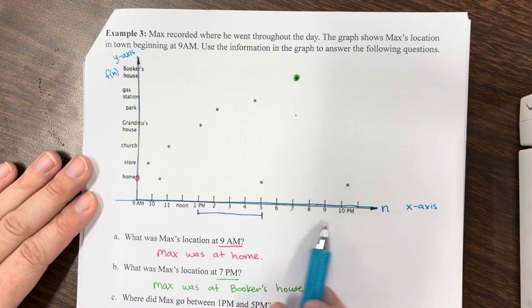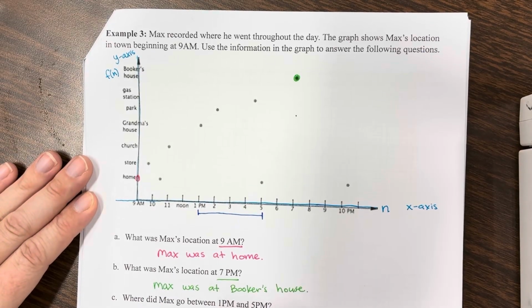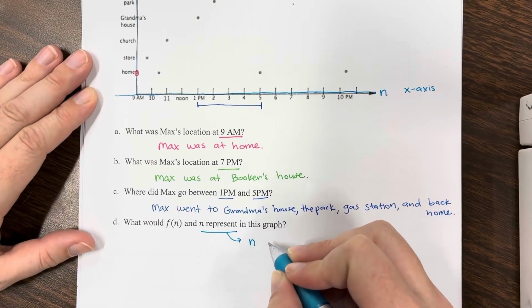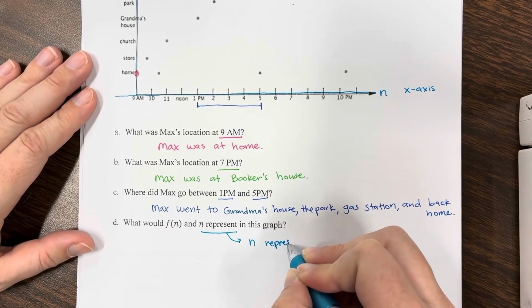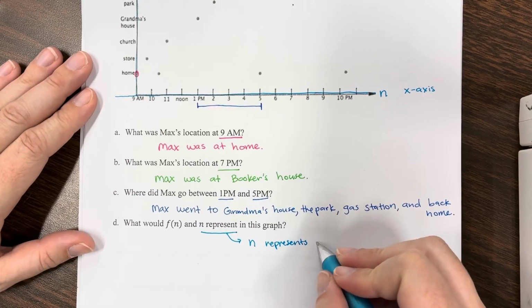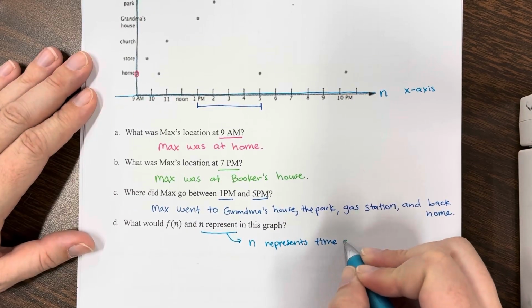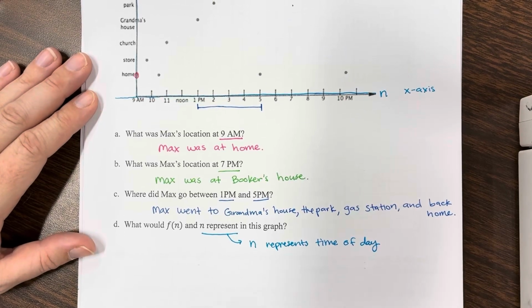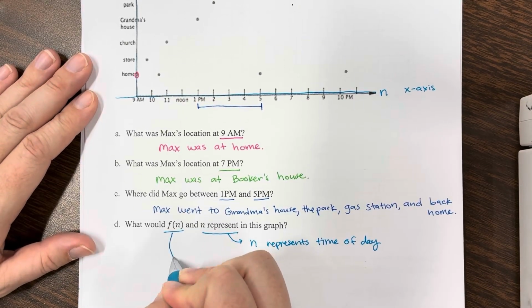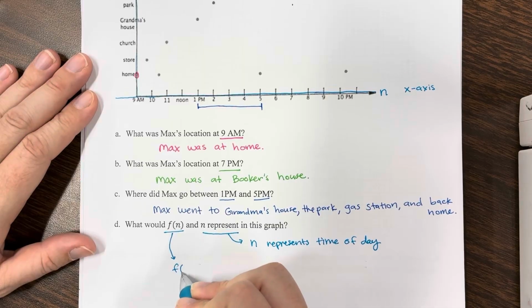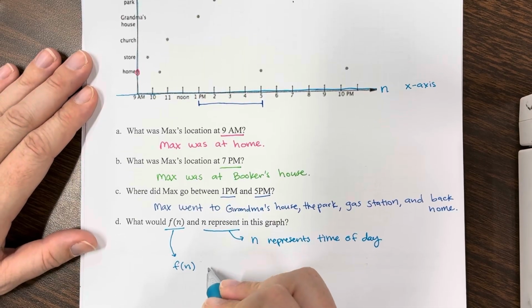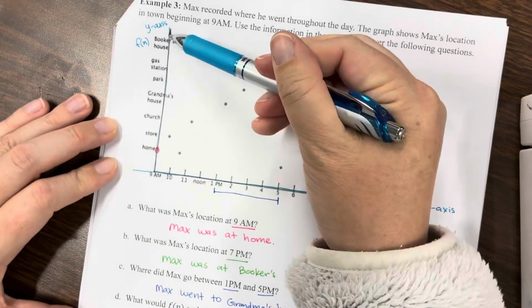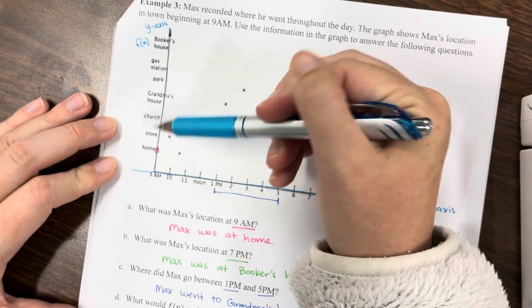So if this is n, n represents time of day. F of n represents location. I'm going to say location.